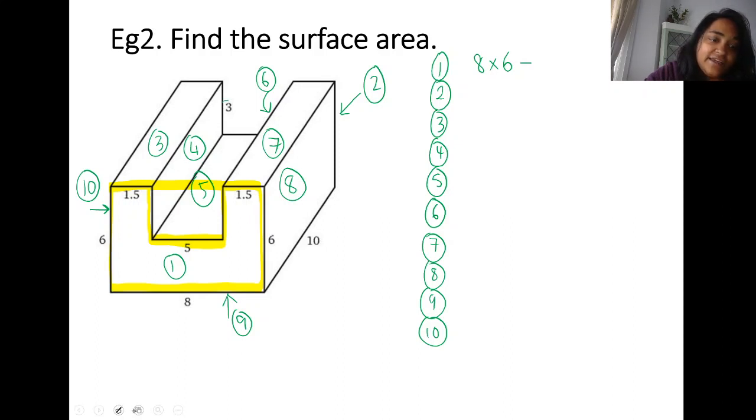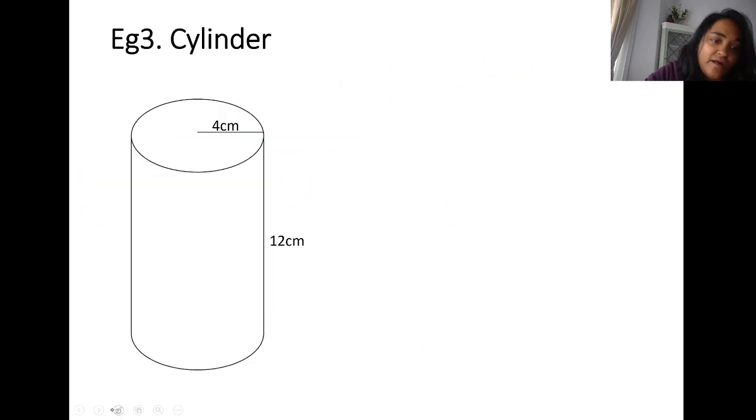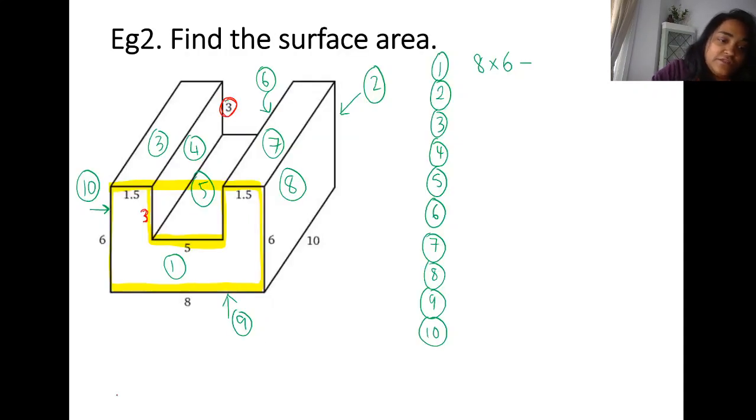It was hiding. There's that 3 just over there, and that means that must be 3 as well. So 3 times 5. Okay, 8 times 6 is 48, minus 3 times 5 is 15. That'd be 33. Then I've got my face 2, which is exactly the same, 33.